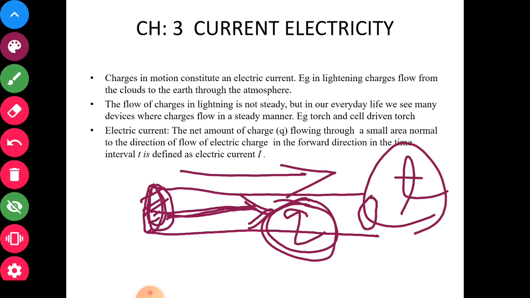Q amount of charge. In how much time? In time interval t. So Q upon t, that is charge in unit time.